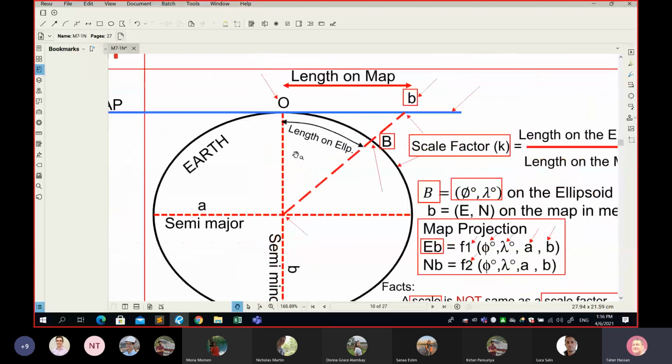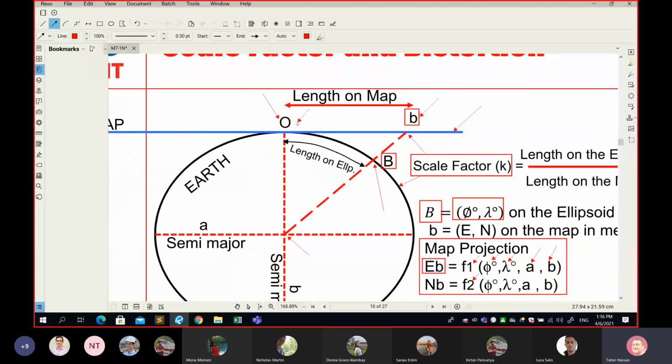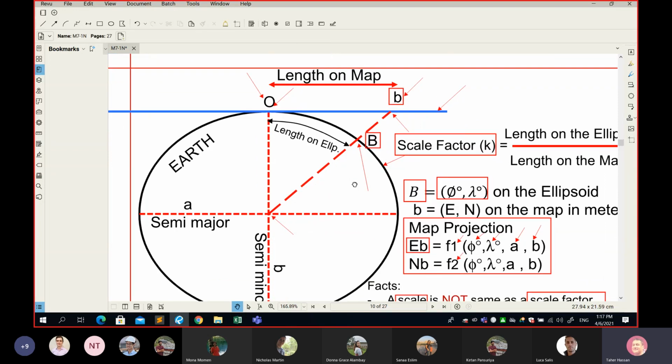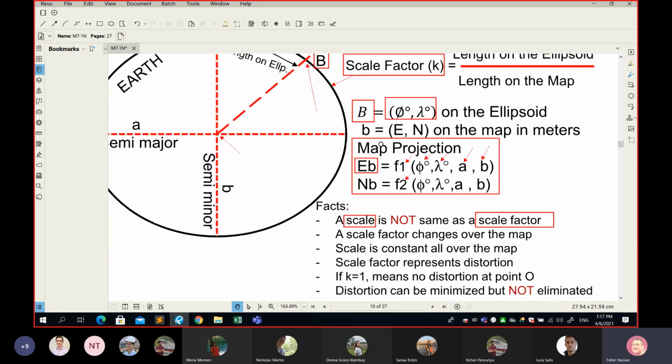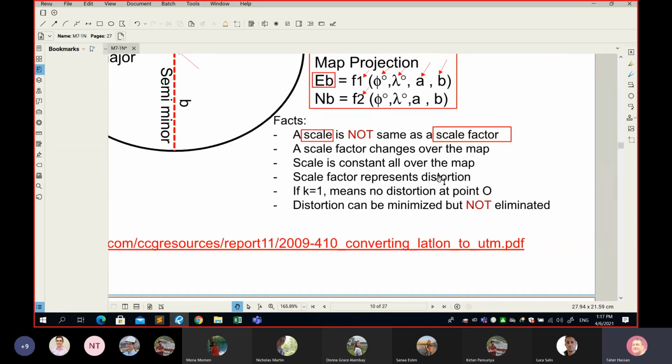What is the scale factor at 0,0? So if we get 2 points very close to the North Pole, do we have any distortion around North Pole? No. Okay, how about as we go away from North Pole, like we're going close to the equator, the distortion will increase exponentially, and that's why the K changes, while the scale itself is constant.